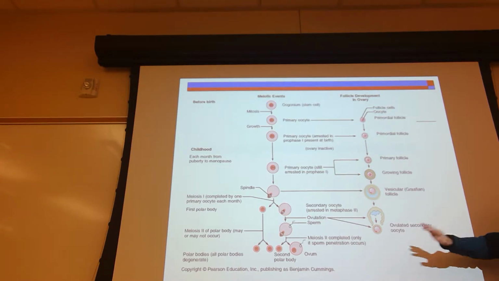And a lot can go wrong in this second cell division. If there isn't perfect separation of those sister chromatids, it is a process called non-disjunction, and it could lead to trisomies or monosomies. The most common trisomy is Down syndrome, trisomy 21.